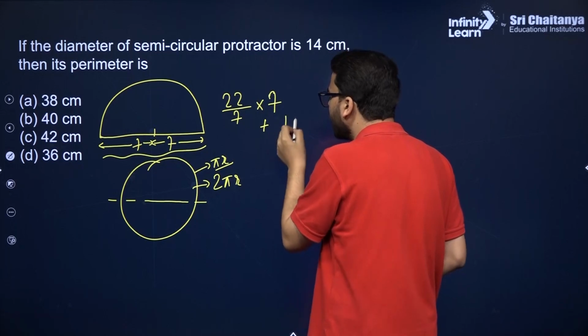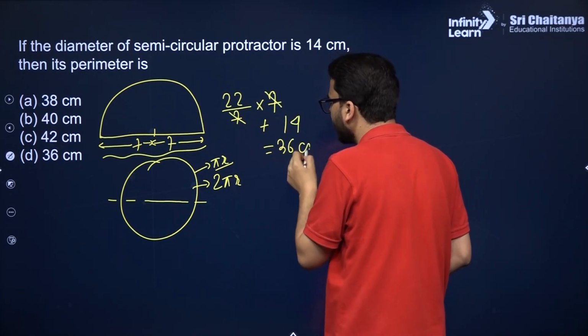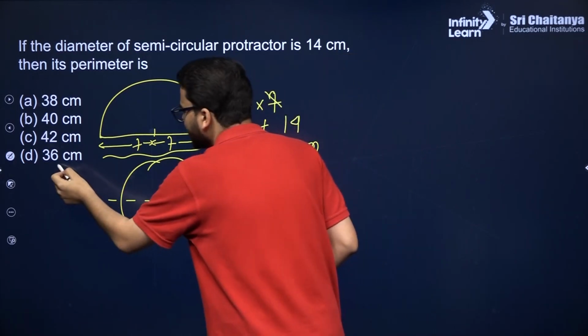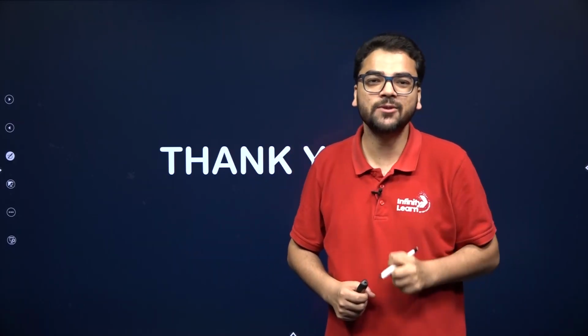So you have to include 14 as well over here. So this is equal to 36 centimeter. I hope this question is clear to you. So that's all which we needed to do in MCQs in the chapter areas related to circles.